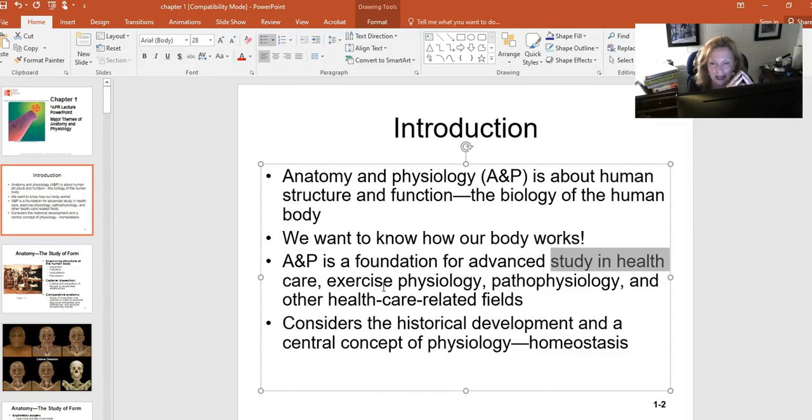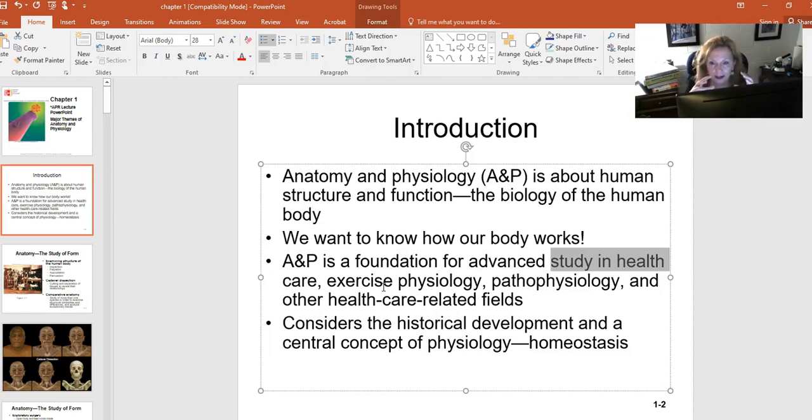I can promise you from my many years of teaching, and my experience as a clinical microbiologist and in pathology for years, that this is the foundation of the professional you will become. This is not a class that you take just to check it off your box so you can go to the next level. This is not that class.